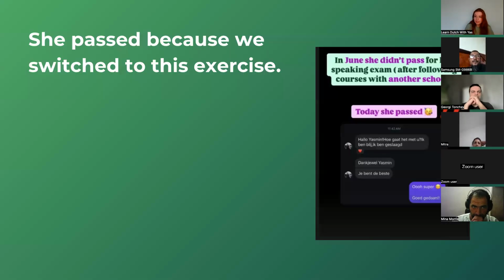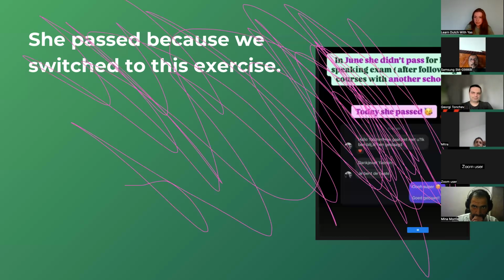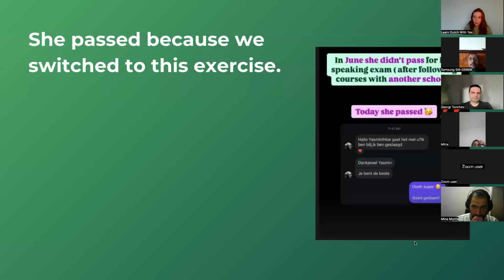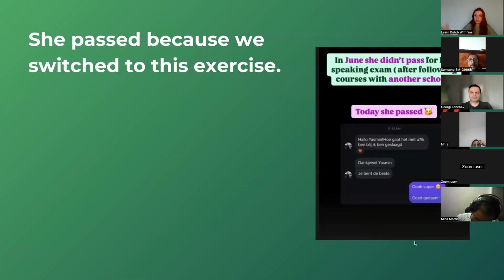So this is something, for example, that I did with Bruna. Bruna came to me. She was trying to pass her speaking exam. She didn't pass it in June after following a course with another school. And after following classes with me, doing this exact exercise, we made it so much easier for her, so much less stressful for her to do her speaking exam, and she passed.